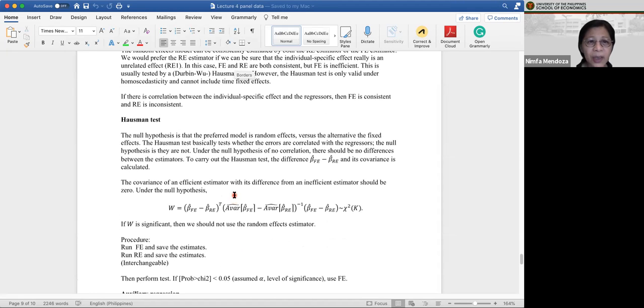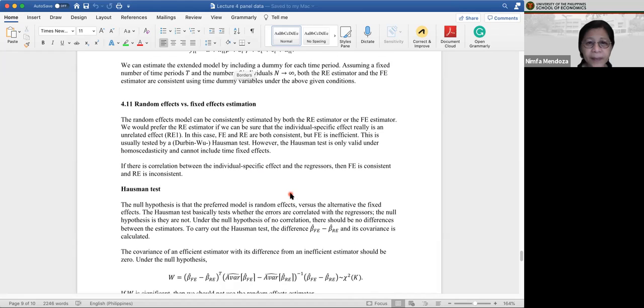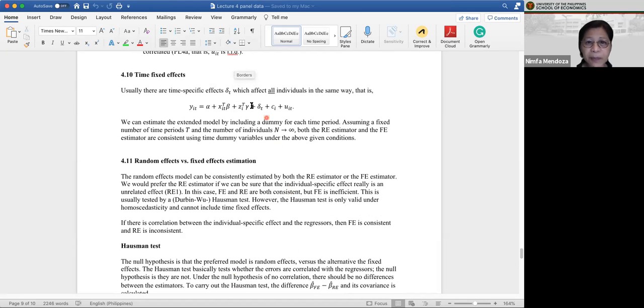So that's the Hausman test. But as earlier mentioned, the Hausman test is only valid under homoscedasticity and cannot include time fixed effects, time fixed effects being this. So the Hausman test has very restrictive assumptions.